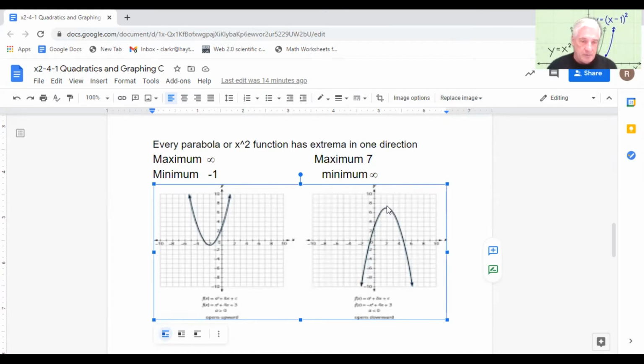So that's our maximum. Today, you're going to try and find possible solutions. But if you can find the maximum and the minimum, then you have a pretty good idea.